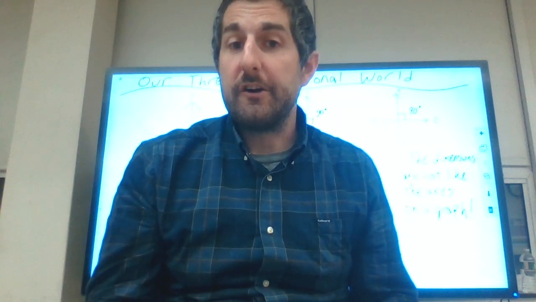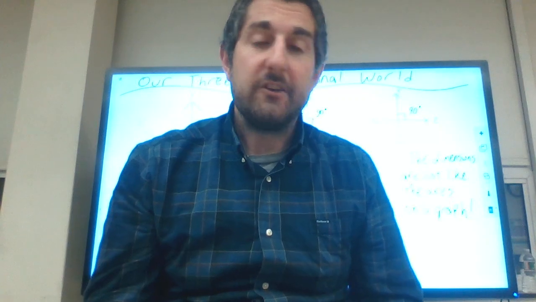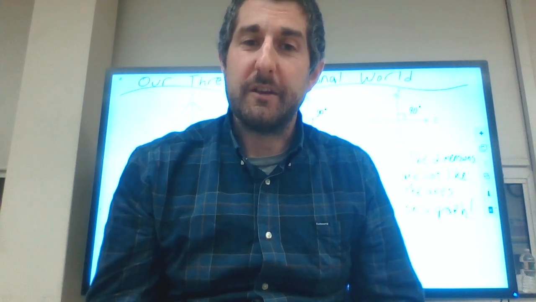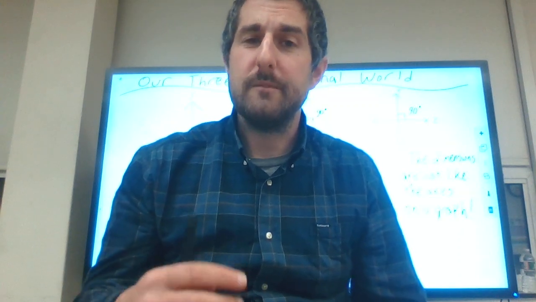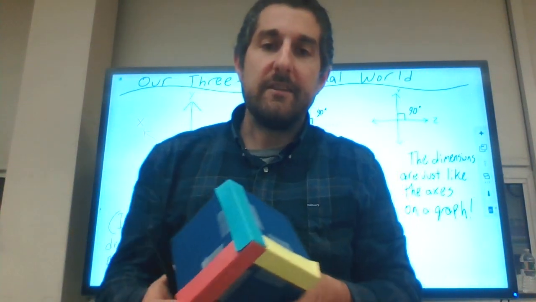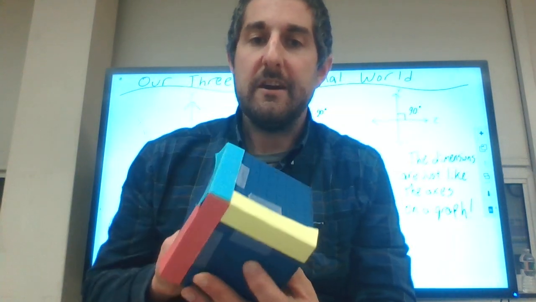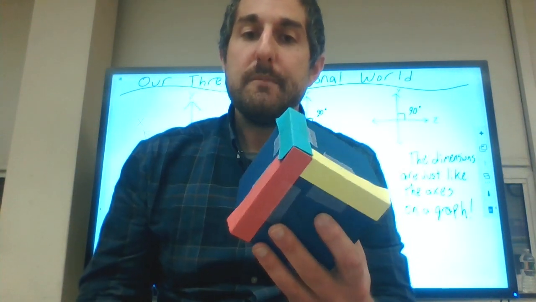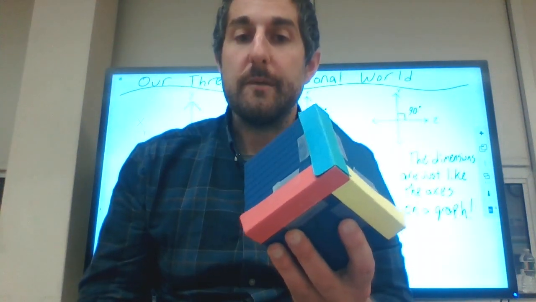Now, for starters, there are three dimensions in our world. We can talk theoretically about more dimensions, but the fact is that we live in a three-dimensional world. So the dimensions that we can perceive only really go up to three. And to help me to illustrate this three-dimensional world, I brought along a little cube here that has the three dimensions taped onto it in the form of these paper strips.